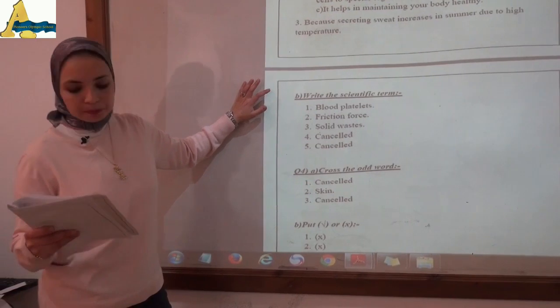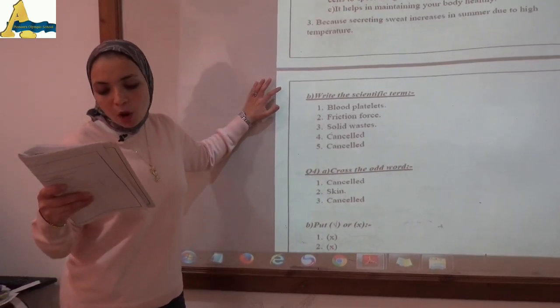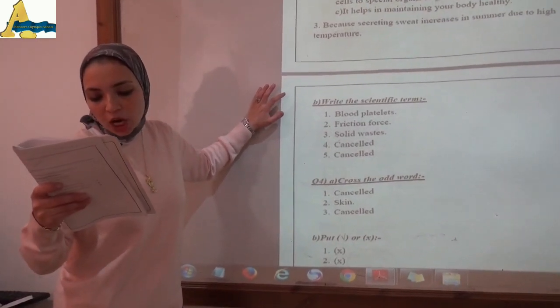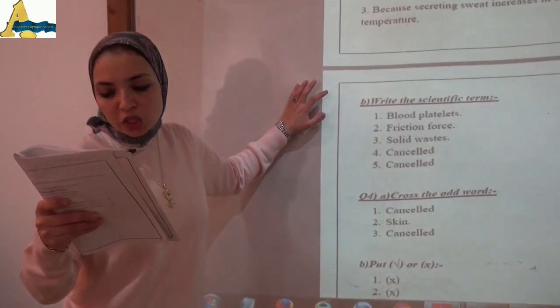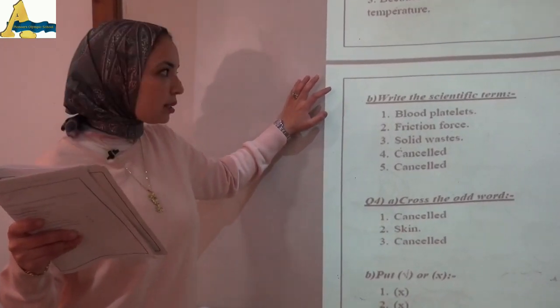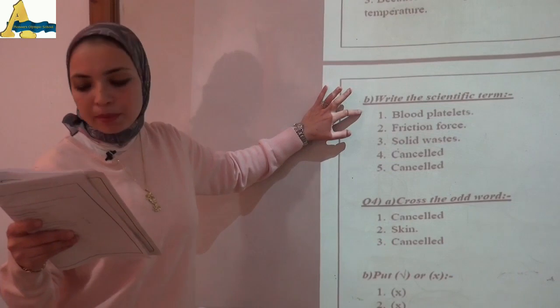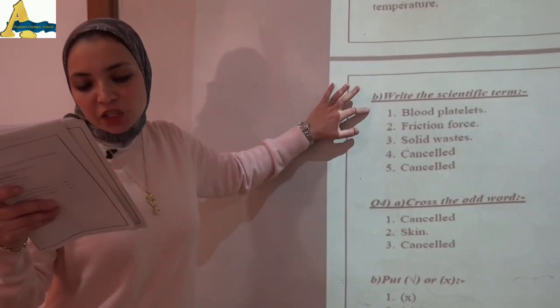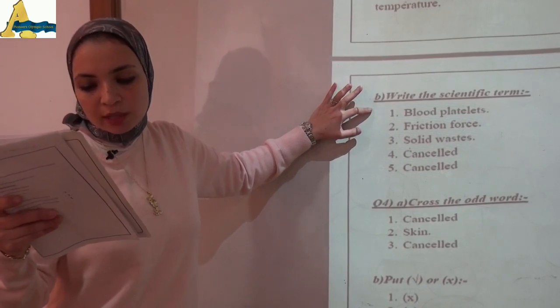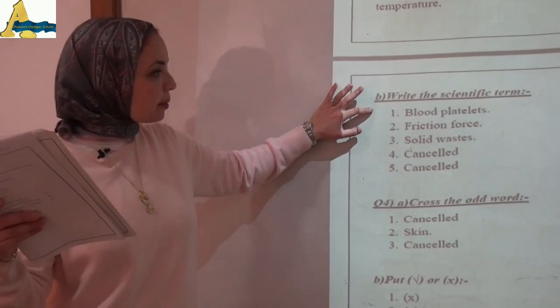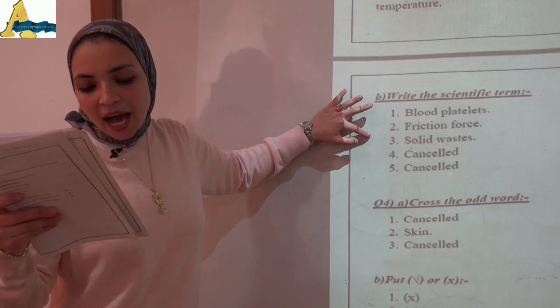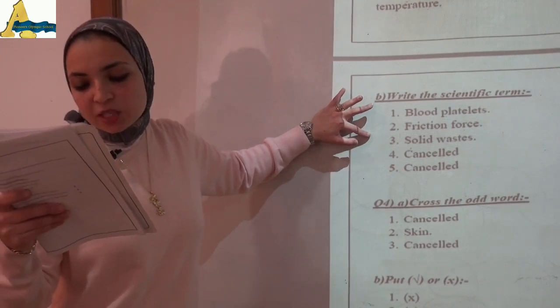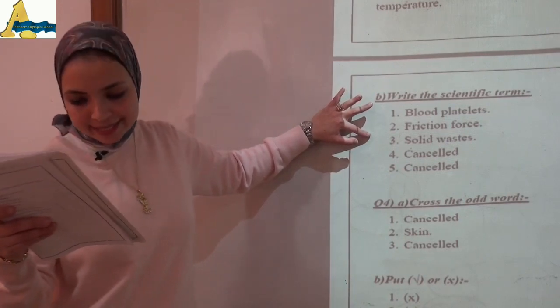Write the scientific term. The small bodies that play a role in blood coagulation when the body is wounded. It's the blood platelet. The force that is essential to light a match. It's the friction force. The undigested food that is stored in the large intestine.